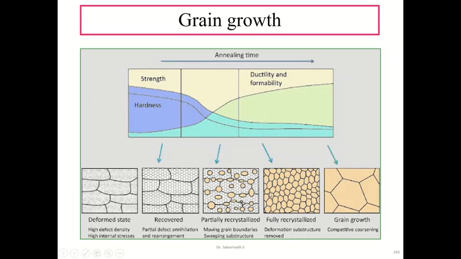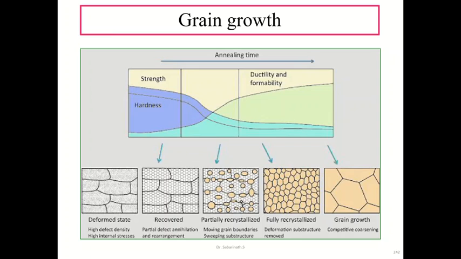After full completion of the recrystallization stage, the grains are fully recrystallized and the deformation substructure is removed. The final stage is grain growth, the competitive coarsening of the grains, and the grain size and grain boundaries increase.